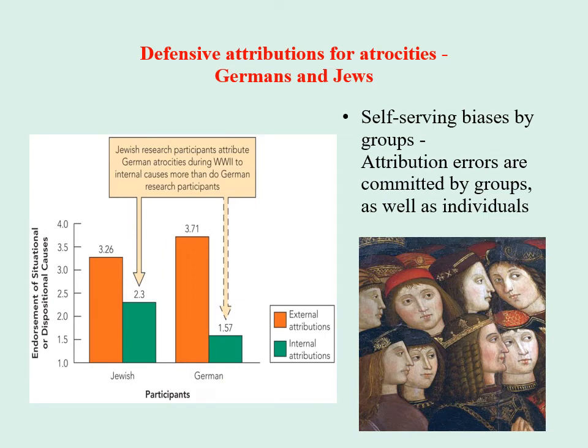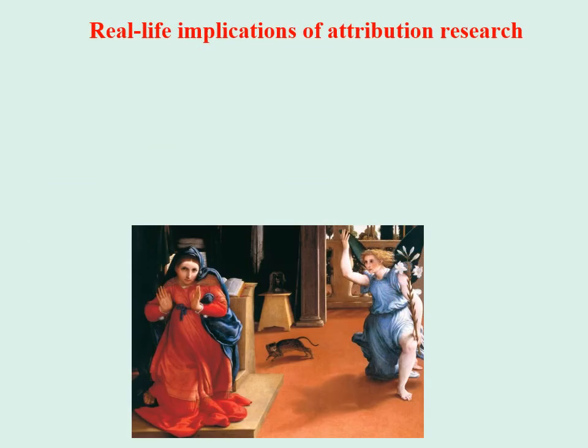As you can see, the Germans were far more likely to find external causes rather than internal causes for the atrocities. Jewish participants tended to do this much less. They were more likely to see internal causation in the atrocities committed by the Germans. So attribution errors seem to be committed by groups as well as individuals.